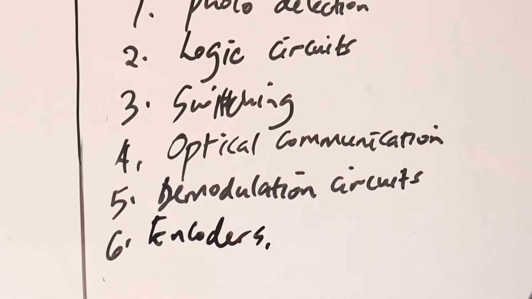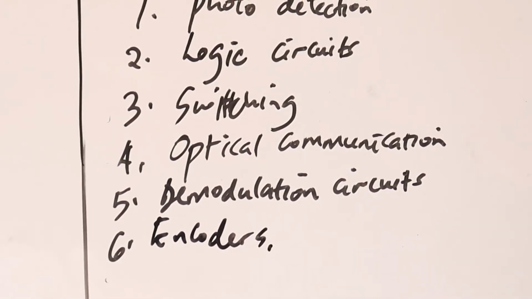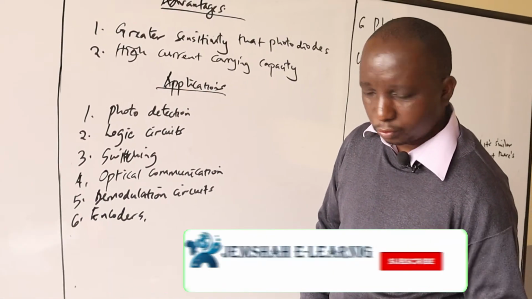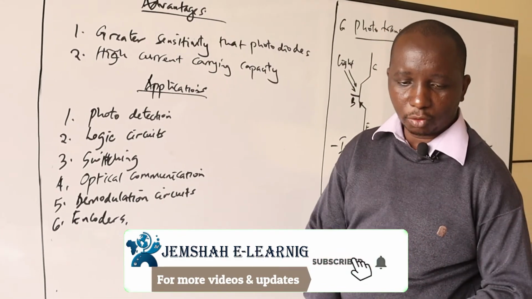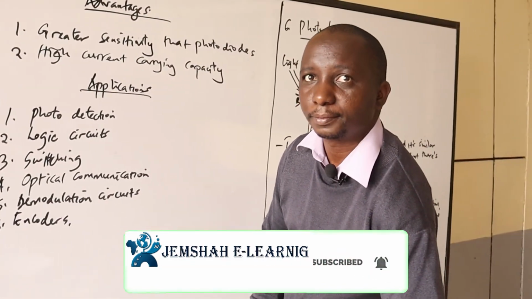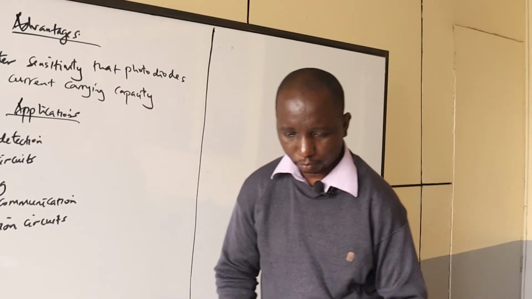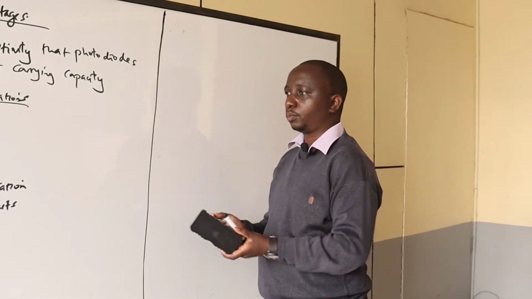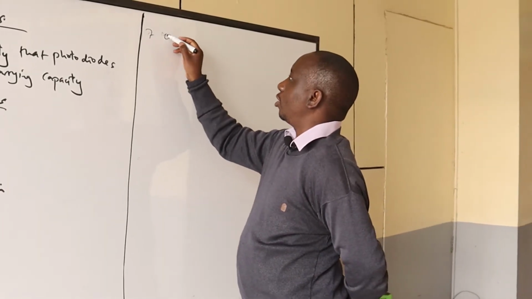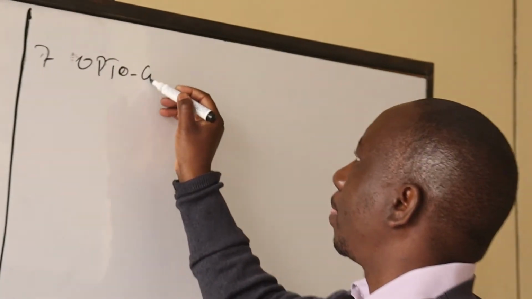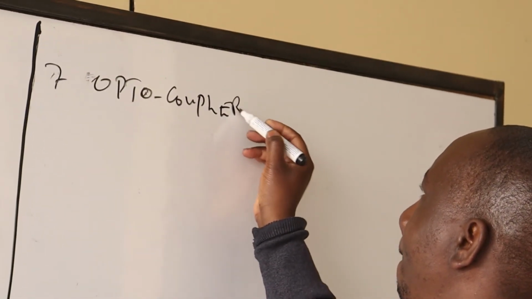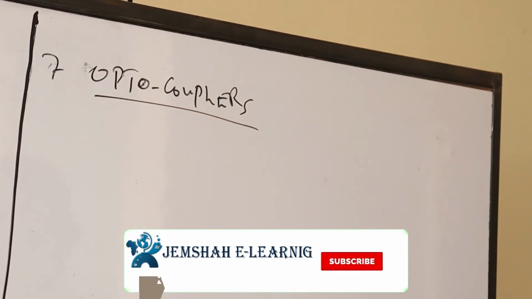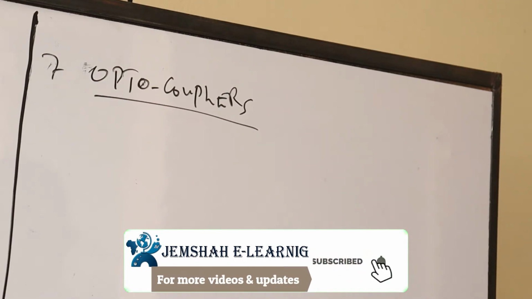I've reminded you to look at our notes on the website. You'll be able to have additions to this. So we're going to the seventh device, which is the optocouplers. So this is an optocoupler. The prefix we have here is Opto.